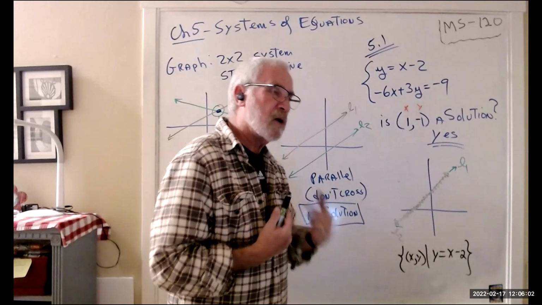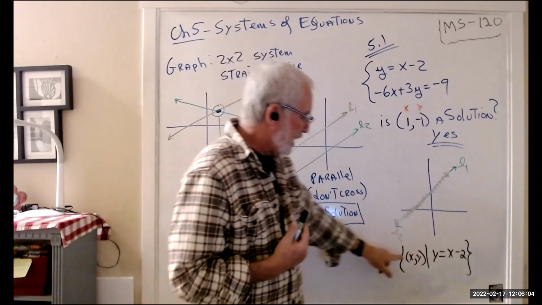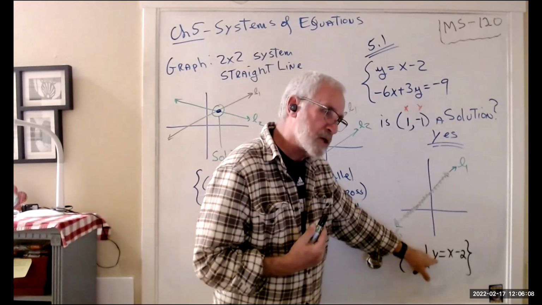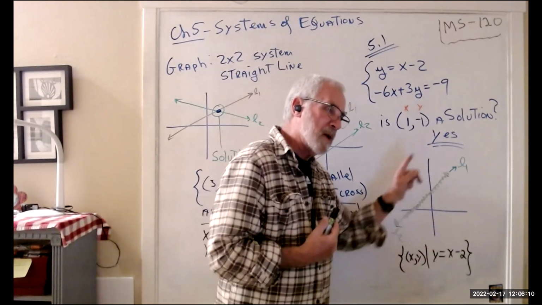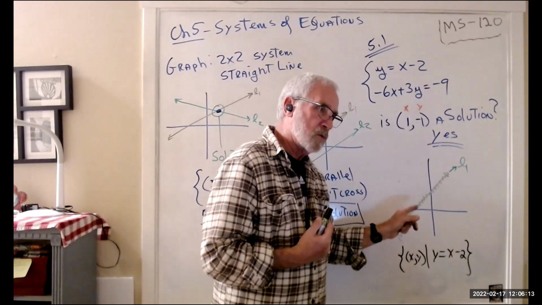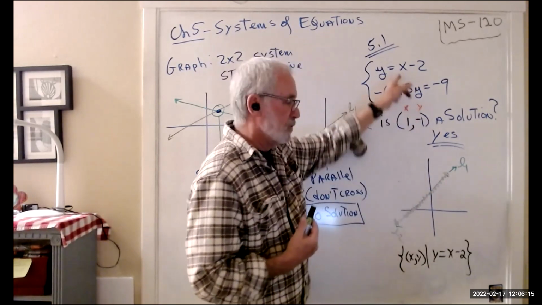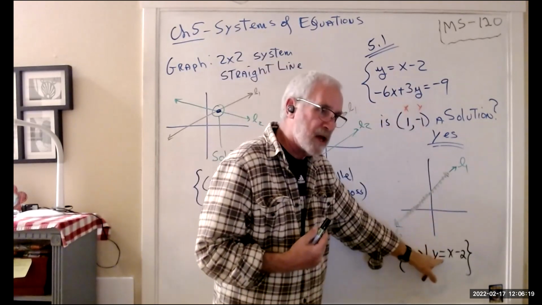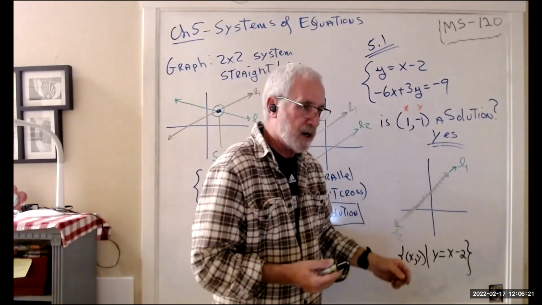Then you're trying to tell the world that any point that makes this equation true makes the other one true. And notice I just picked one of these, whichever one seems easier. You could put the other equation in instead of this one and still get full credit.